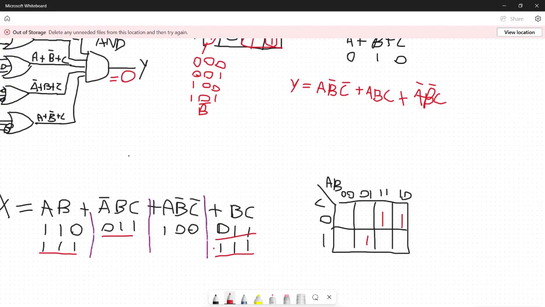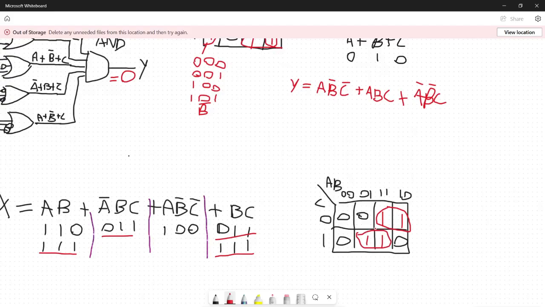And then, oh, I forgot, we're also going to have 1, 1, 1. And then this and this are the same. This is going to be 0, 0, 0, 0. Now, we're going to group like this.